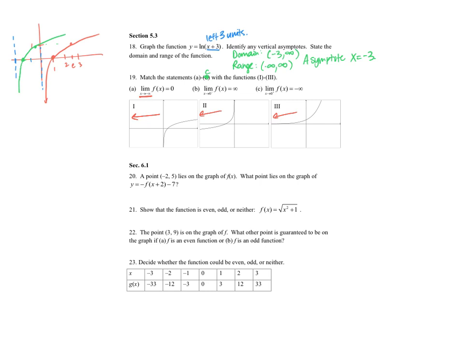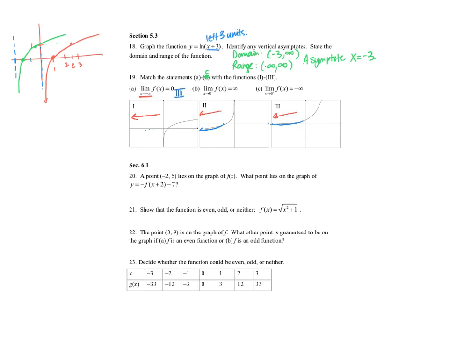If I look at this graph, there's no graph here as x goes to -infinity, so it can't be that one. If I look at this one, as x goes to -infinity, my y values are getting more negative. So that's not working. And this one, as x goes to -infinity, my y values are getting closer and closer to 0. That's what I want. So this is graph 3.